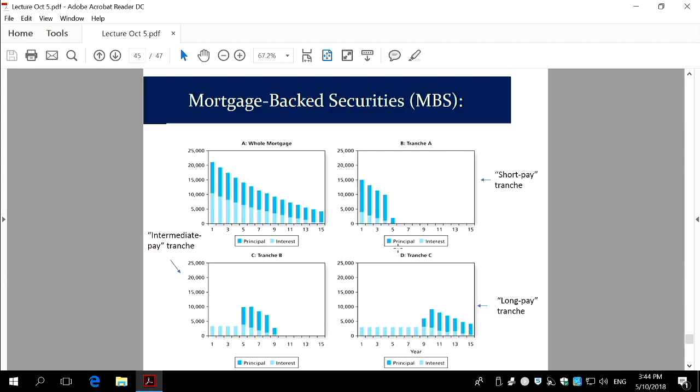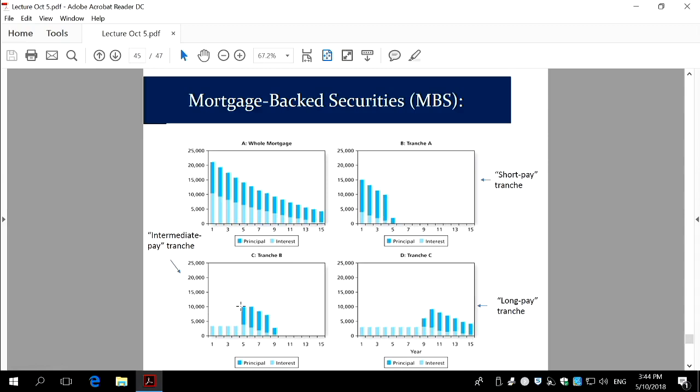So what's the purpose of dividing this total thing into A, B, C? The whole purpose is that A, B, C have different durations. Can you see that? This has a shorter duration, this has a longer duration, and this has an intermediate duration.